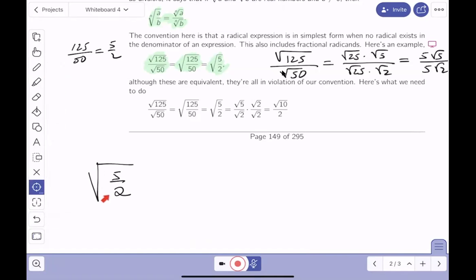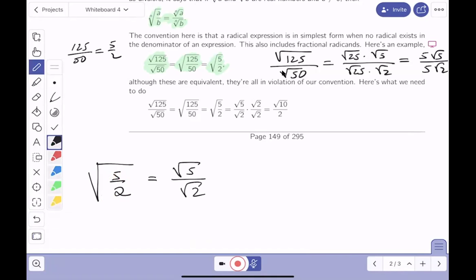The radicand, and this is the radicand, cannot be fractional. So I just rewrite it. I get root 5 over root 2. By the way, this is a no-no too. And what's a no-no over here? Well, this radical can't be in the bottom. We need whole numbers. We can't have these things at the bottom.